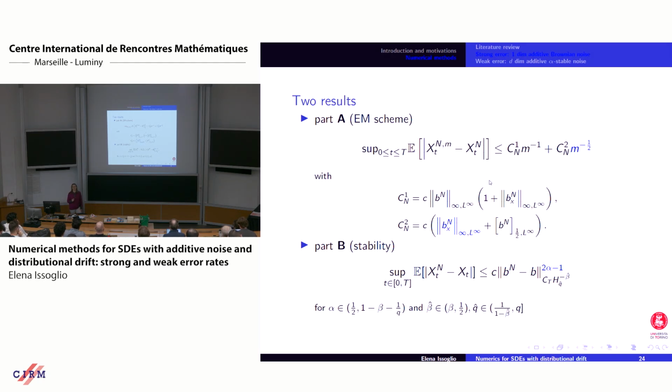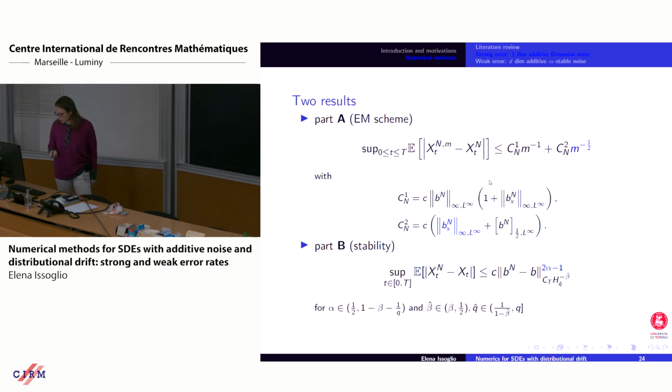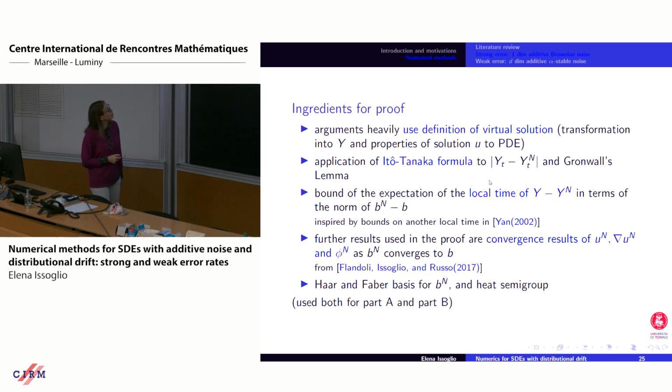Alpha is bigger than 1/2, so at least it's positive, but it's nowhere near 1. And so here is again where we lose optimality. So then we combine these, we choose n optimally with respect to m. That is what gives us this very rough, very bad rate, very complicated rate. And we should be able to do better if we get rid of these blue terms, which is work in progress.